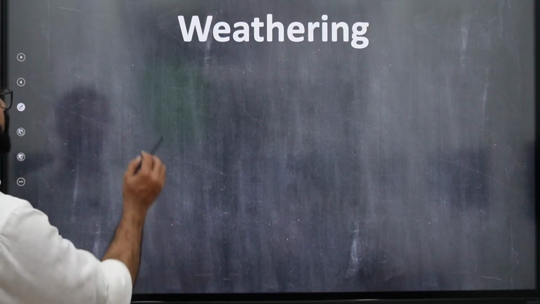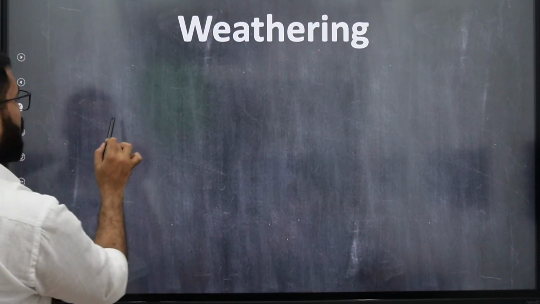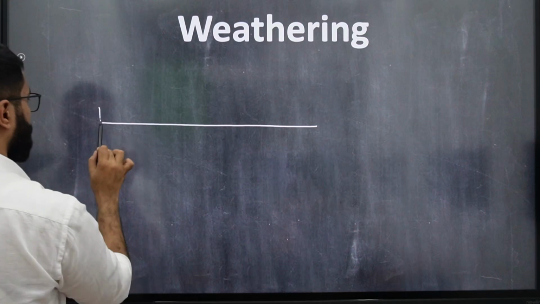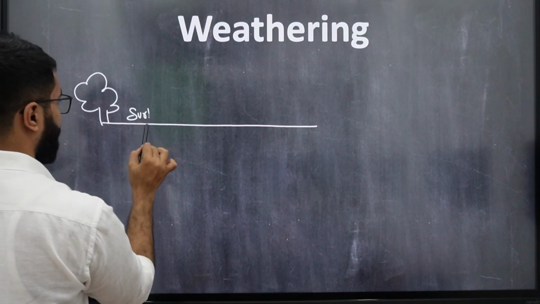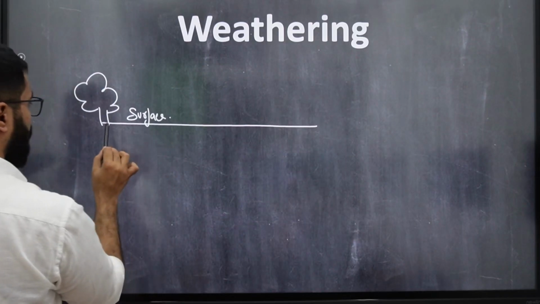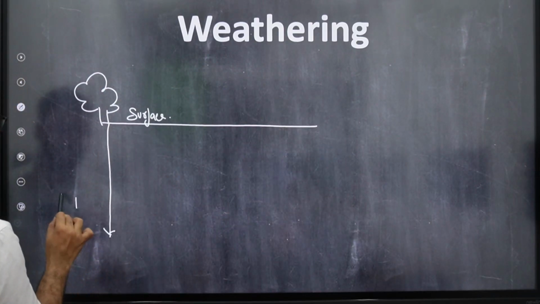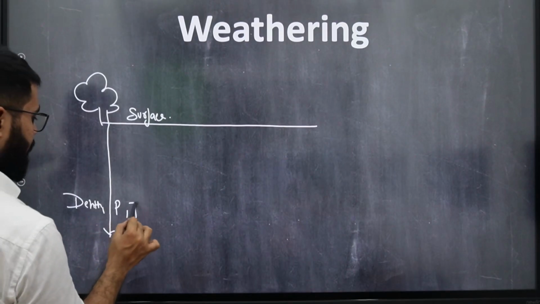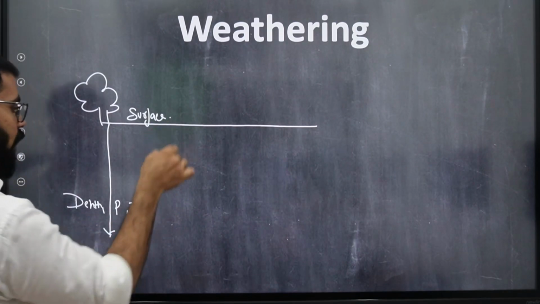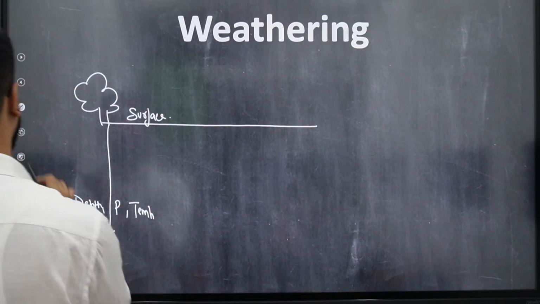See, say for example, this is my surface. As I increase the depth, the pressure and temperature, as I move down, all the three increase.